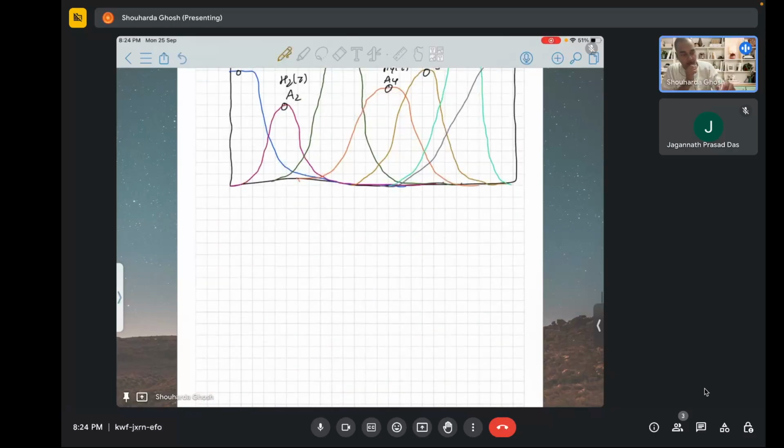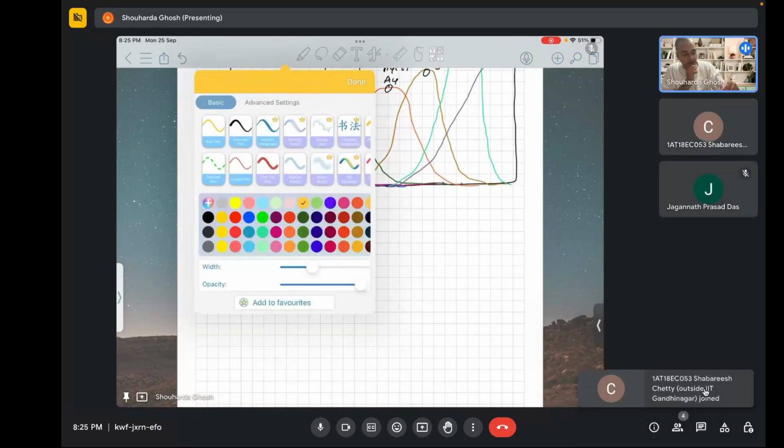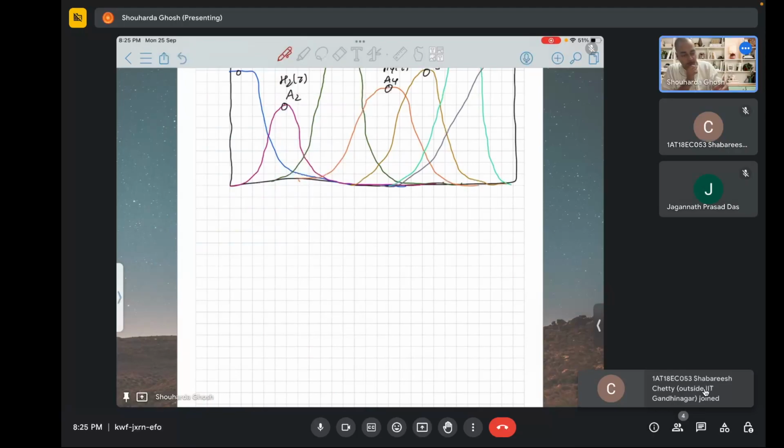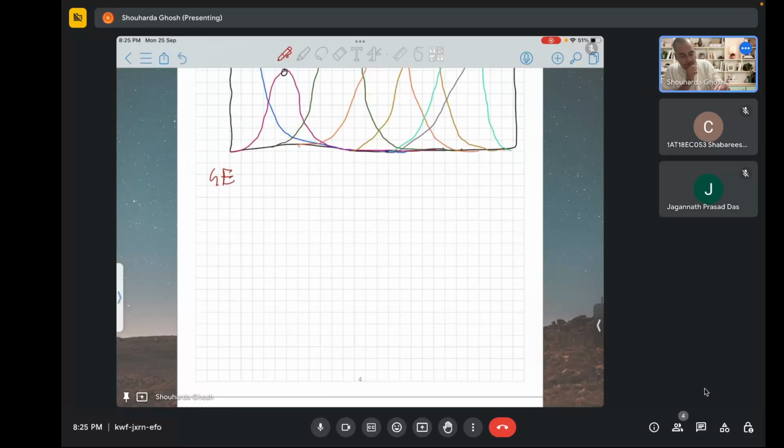So how does it look like in the parallel version? GE design in parallel.